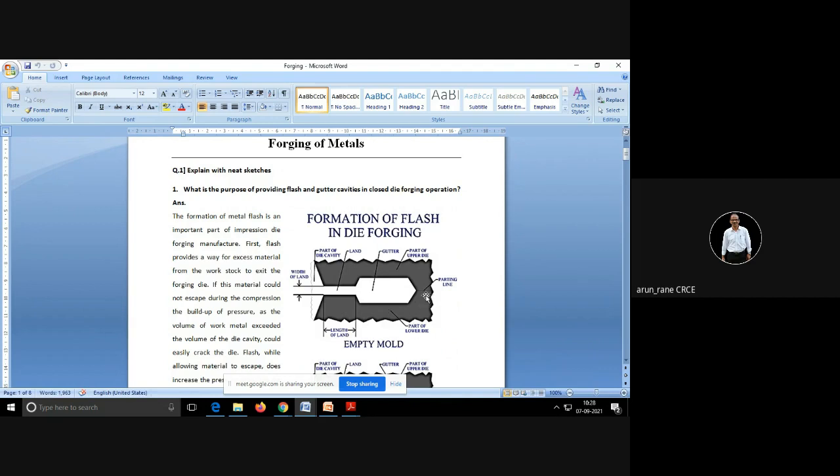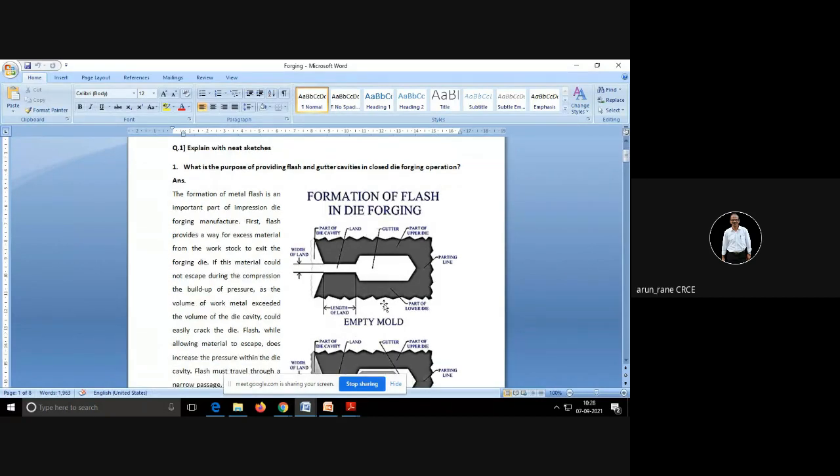So this is the parting line. So along this there will be a flash. As I told, in forging you cannot inject the exact quantity of the material. So there will be some surplus material, some extra material.